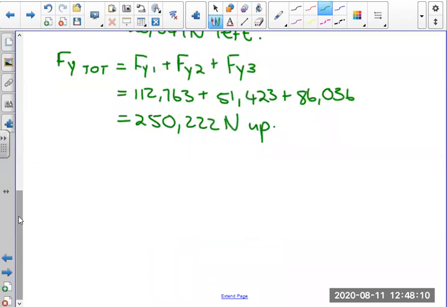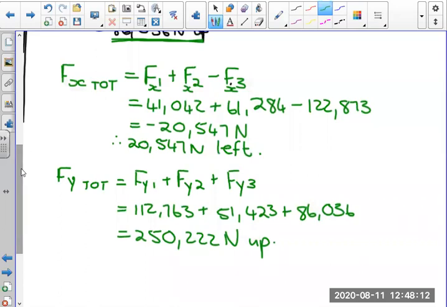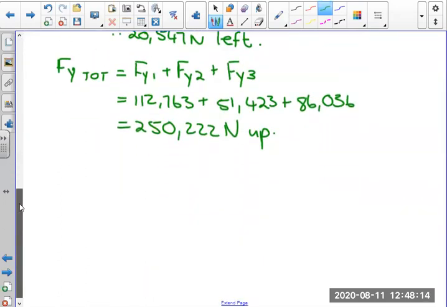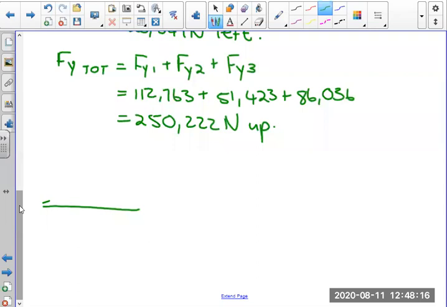The total Fx is to the left, so it will be aligned to the left, and the total Fy is upwards, as you can see there. But the net force, because that's what they want us to work out, is going to be somewhere here in the middle. That would be your F resultant or F net. It doesn't matter, both terms are correct.